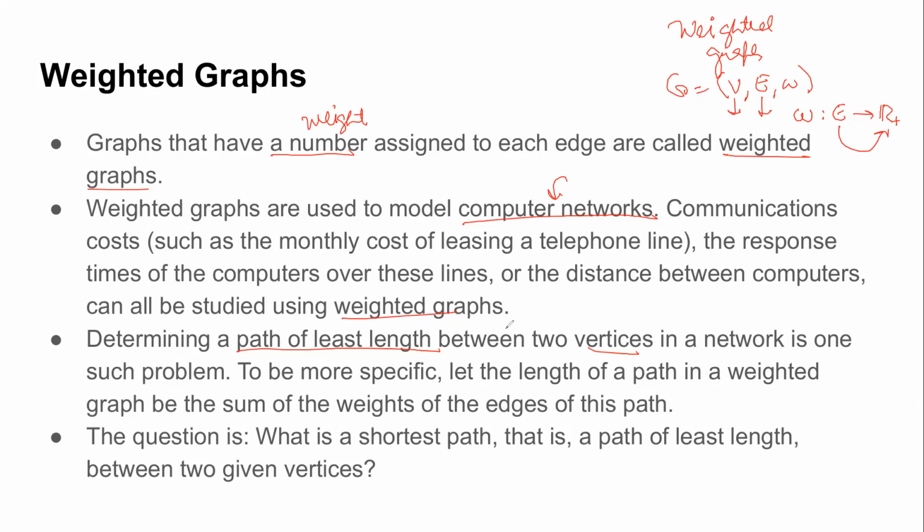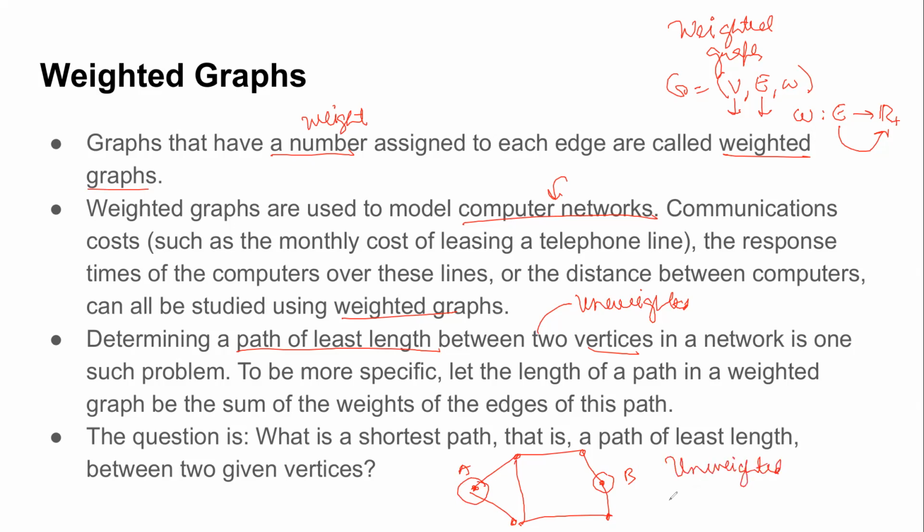Once we have this weighted graph, normally what we are interested in is finding a path of a particular length, mostly the least length, between any two vertices in the graph. So if I talk about finding a path of least length in an unweighted graph, what would it equal to? Let me just draw an example so that you can picture it. If I ask you what is the shortest path from A to B, what does a path of least length mean in terms of an unweighted graph?